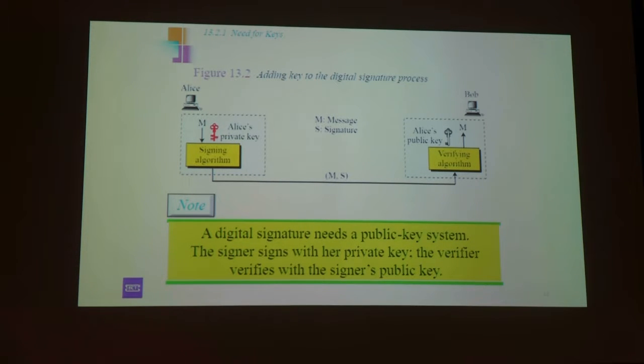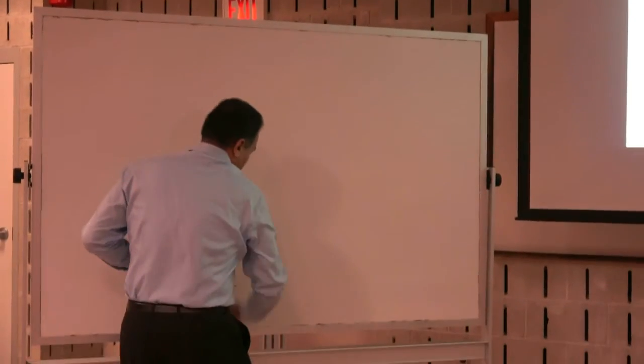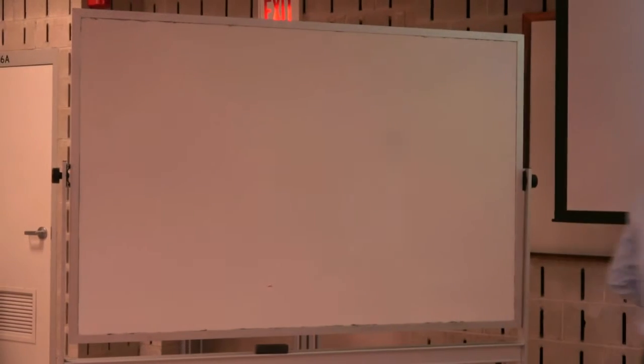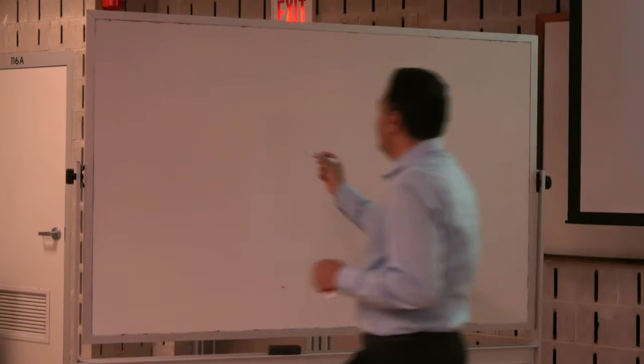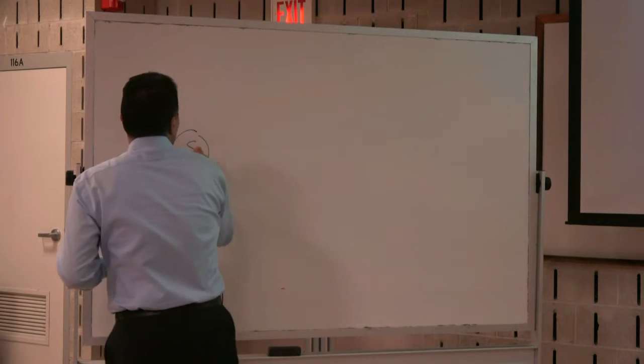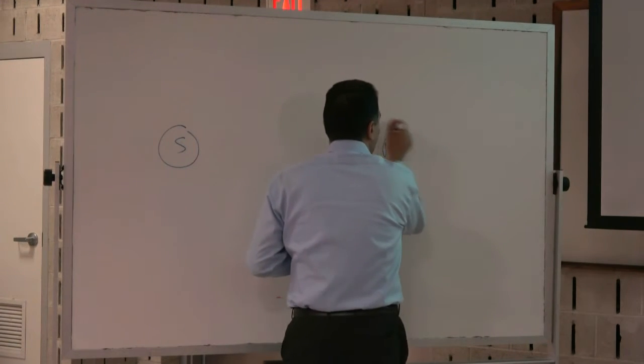So the sender used what to encrypt? The public key, right? Of who? Of the private guy, right? So you have a sender and you have a receiver.